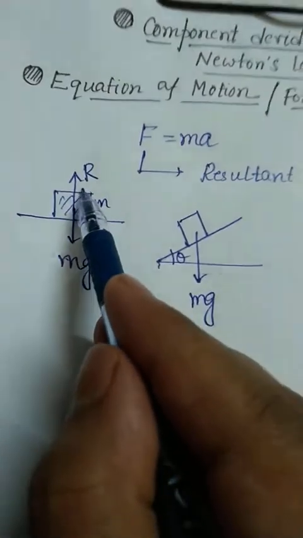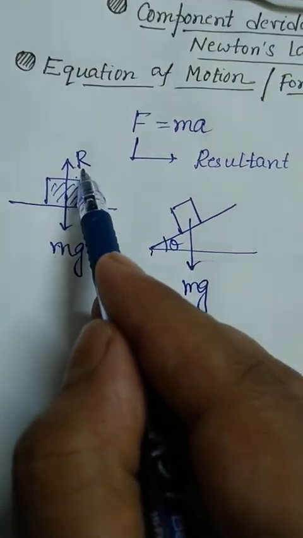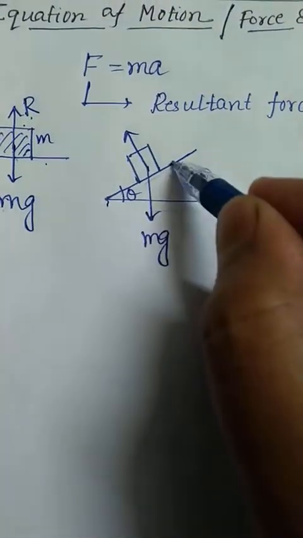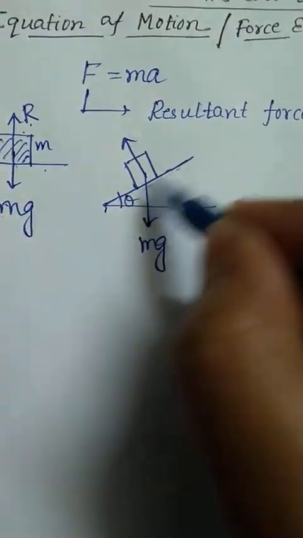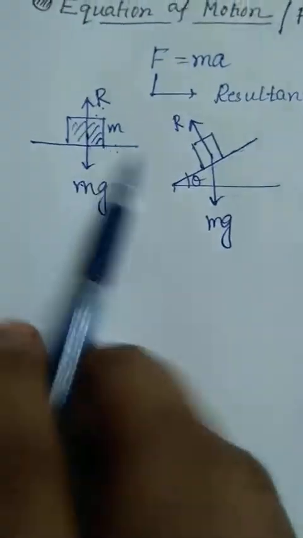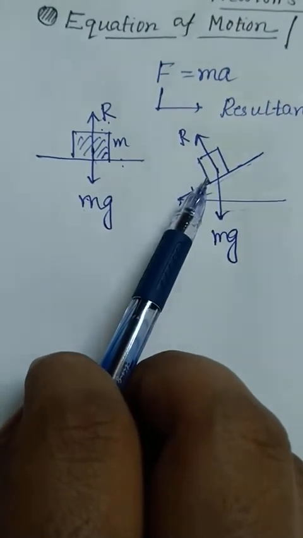And protocol number 2, the reaction force is always perpendicular to the plane of the surface. This is the reaction force R, which is perpendicular to the plane or the surface. So these cases are a little bit different here.